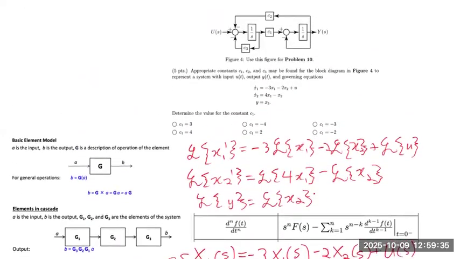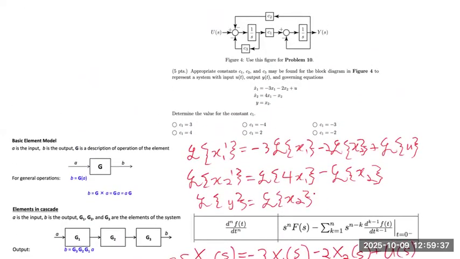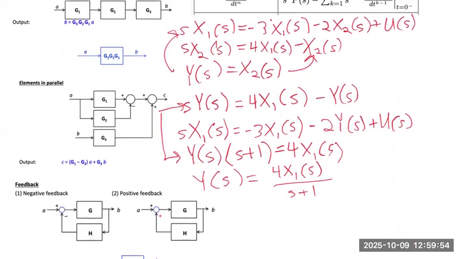So 4x1(s), yes. And what is x1(s) going to be? Let's not worry about that first. Let's solve for this other one.